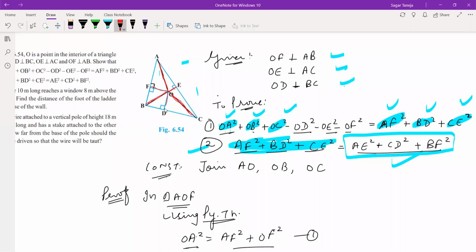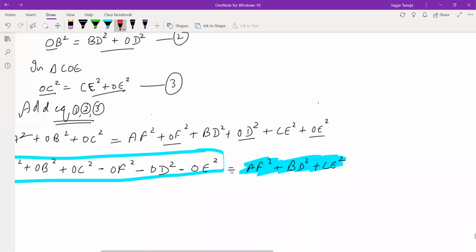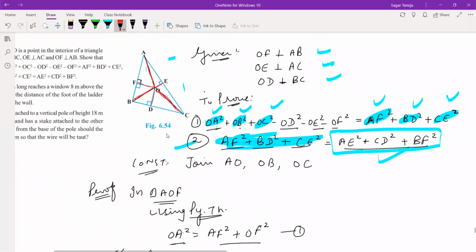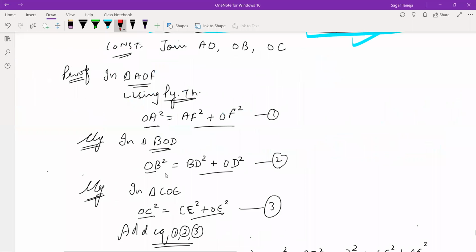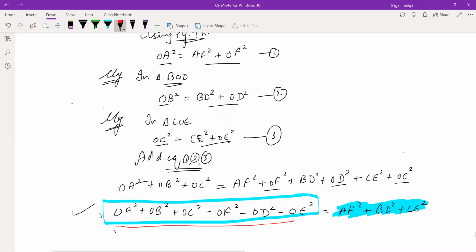So I have marked all these. Now, what is left? Left here are AF, BD and CE. Okay, fine. Now, after marking the LHS, see how to understand. I have marked all this LHS in the figure. Now, in place of this, what do I need?